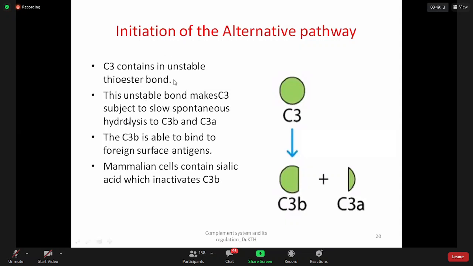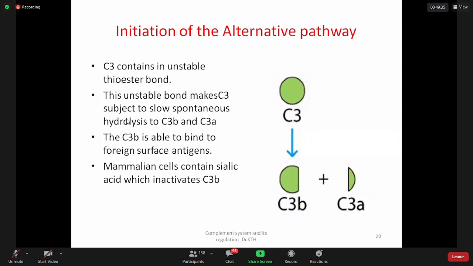So you have C3, which is unstable. I've already talked about this spontaneous hydrolysis, which produces C3B and C3A. So in the presence of a foreign substance, the C3B will bind to this substance. Like I said, it can be virus, can be fungus, anything.